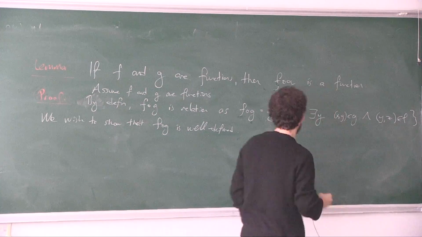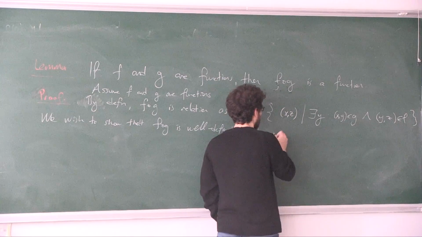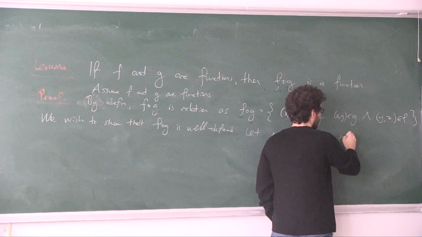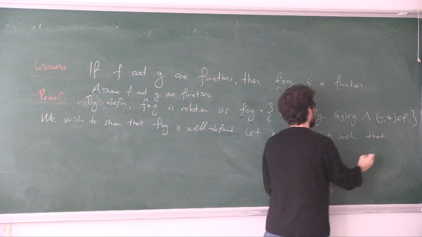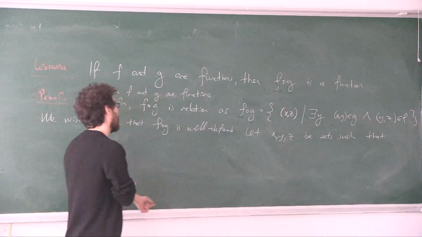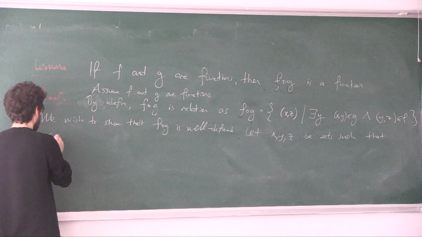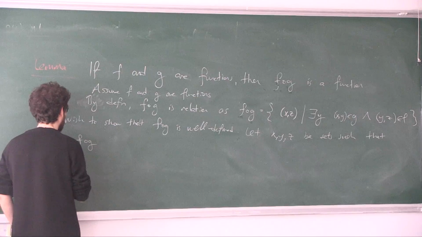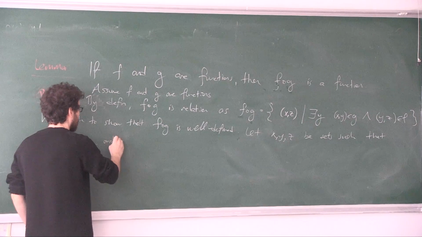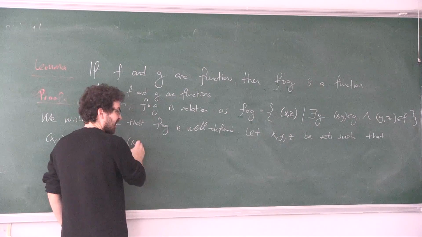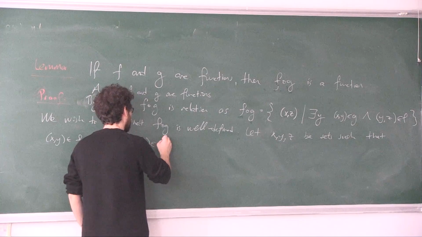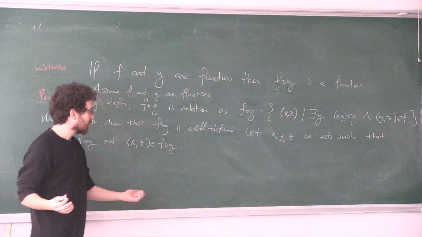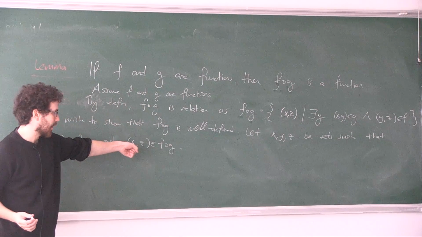I just check that property. Let x, y, z be sets such that (x, y) belongs to the composition and (x, z) belongs to the composition. I want to prove that y actually equals z.